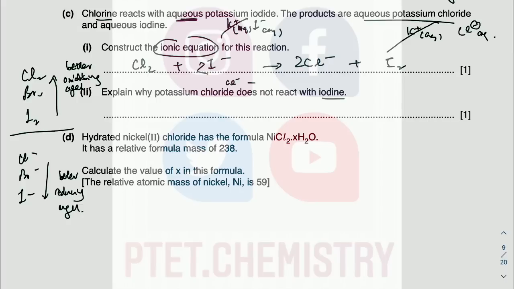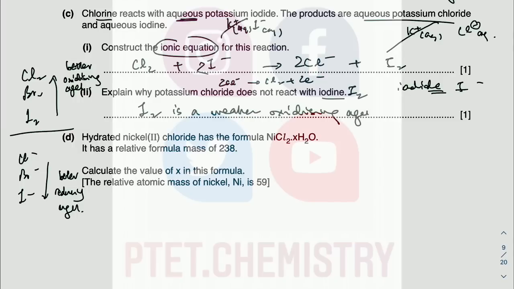If we react, chlorine will go to chloride, but chloride going to chlorine is oxidation, from minus 1 to chlorine 0. Iodine is weaker. Iodine refers to I2, it's not iodide. Iodide is I-, yeah? So iodine is a weaker oxidizing agent than Cl2. Therefore, it cannot oxidize Cl- to Cl2. Alright?